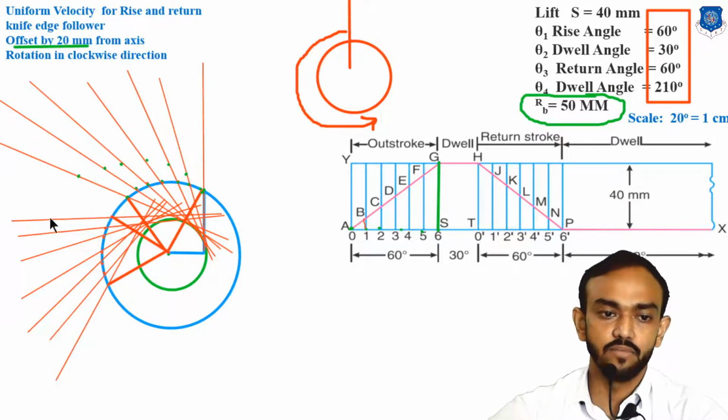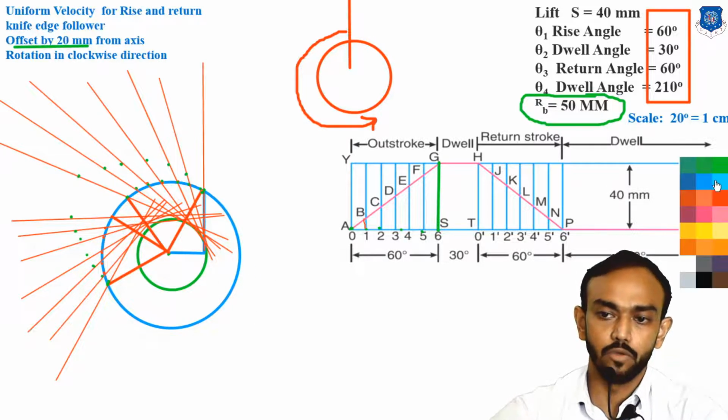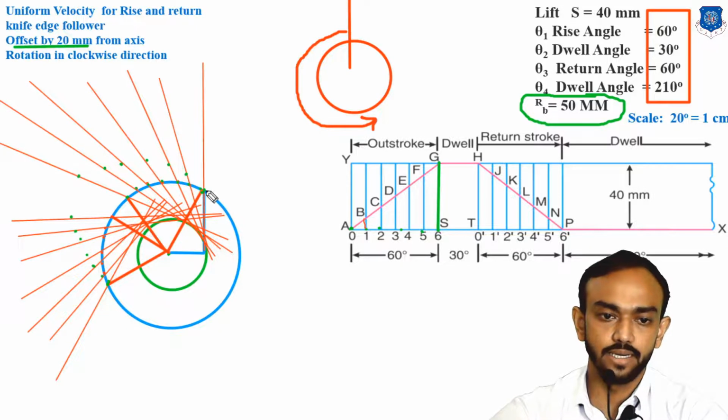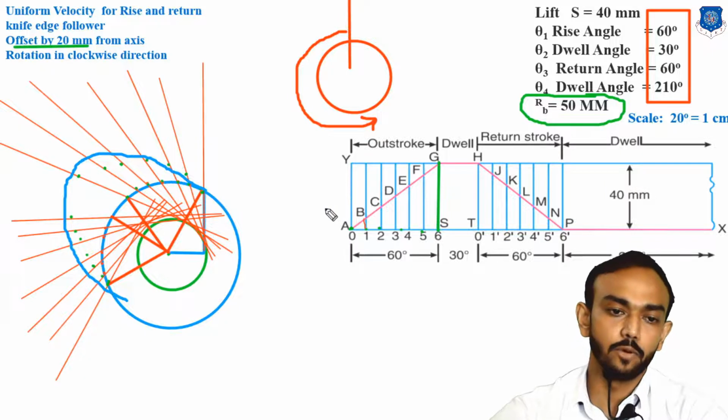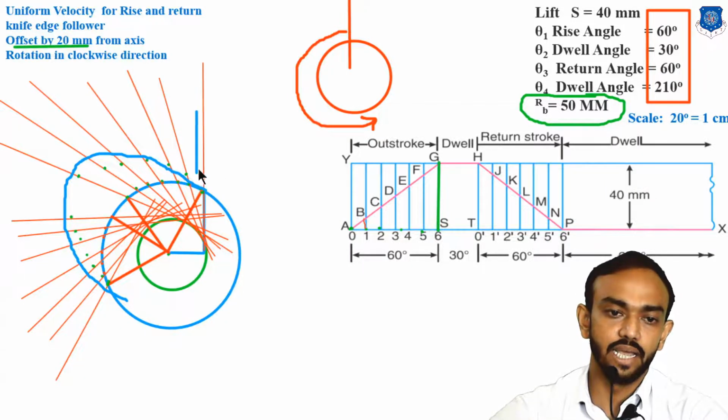The same start applies here, and it will decrease slowly and you will get here. So this is your profile. Now you connect all points like this and you will get the profile. After that you make the knife edge follower also like this. So this is your offset profile.